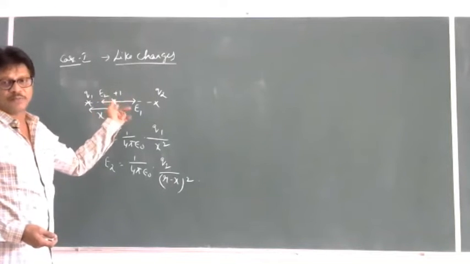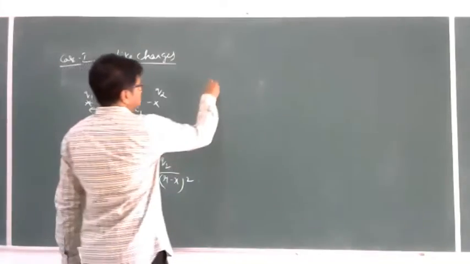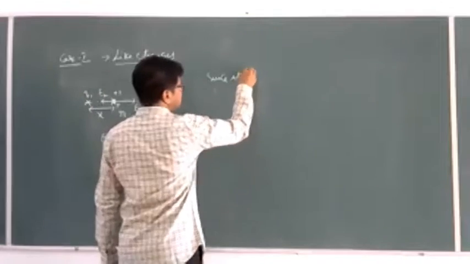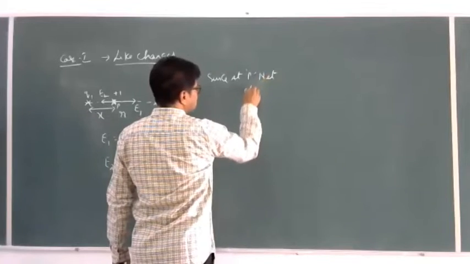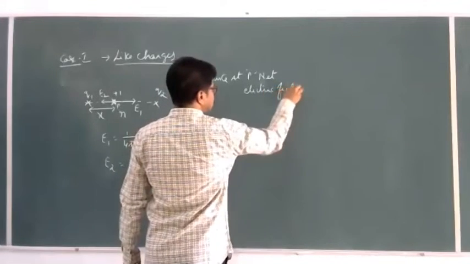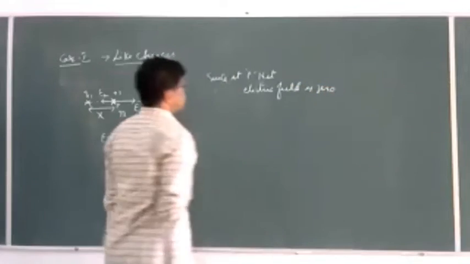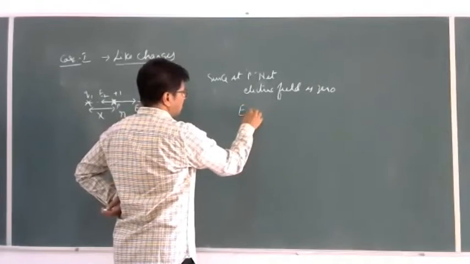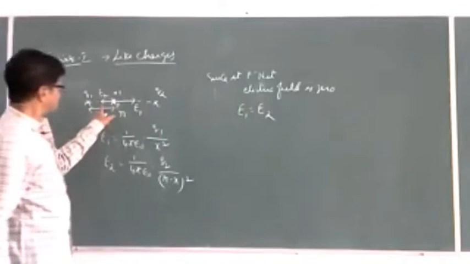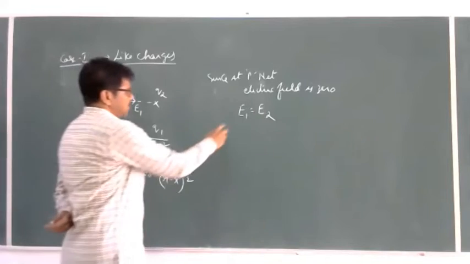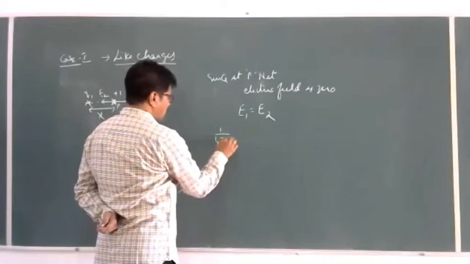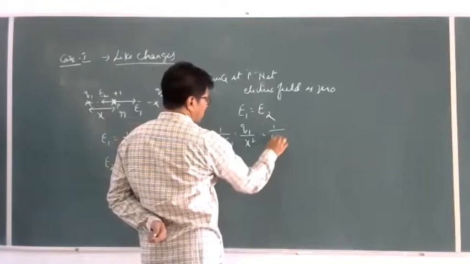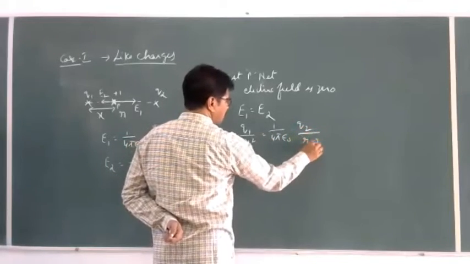If both are acting in opposite directions. So since at P the net electric field is 0, it will be possible if E1 is equal to E2, because both are acting in opposite directions. E1 equals E2 means 1 by 4 pi epsilon naught Q1 by x square is equal to 1 by 4 pi epsilon naught Q2 by R minus x whole square.